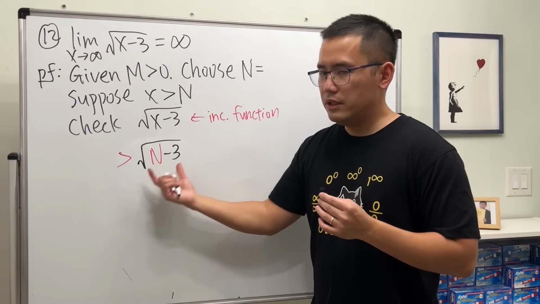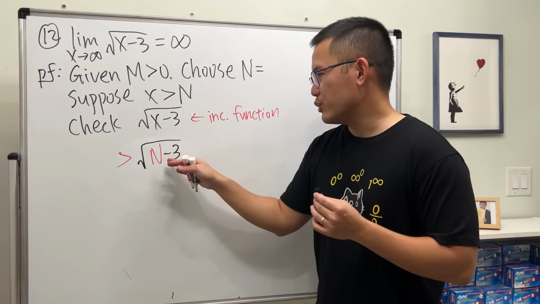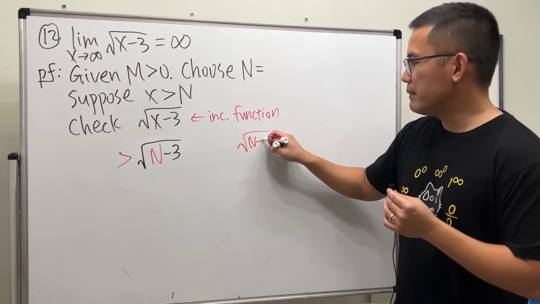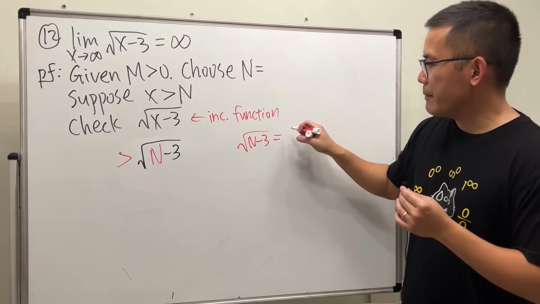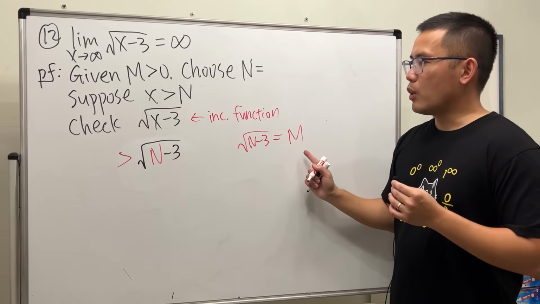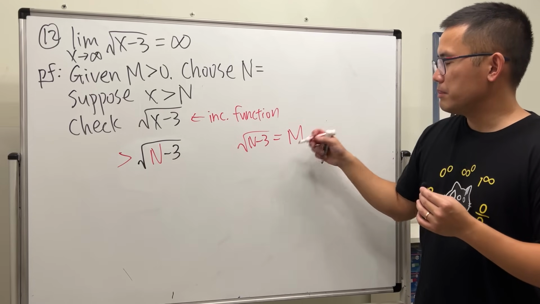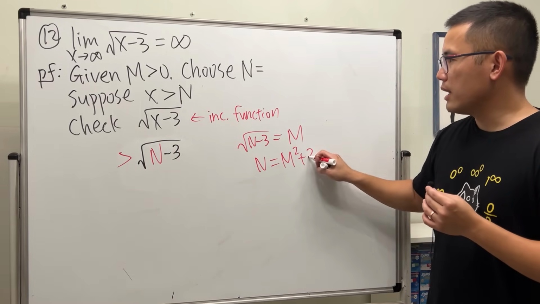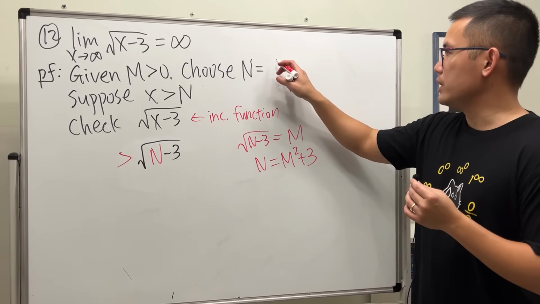So once you have this right here, in this case, cannot really take away any numbers. So we are just going to set this square root of N minus 3 to be big M. Square both sides, and then plus 3 on both sides. So N equals M squared plus 3, and that's exactly all we need.